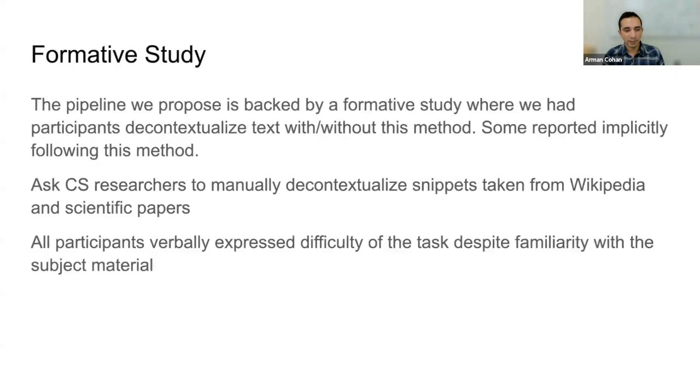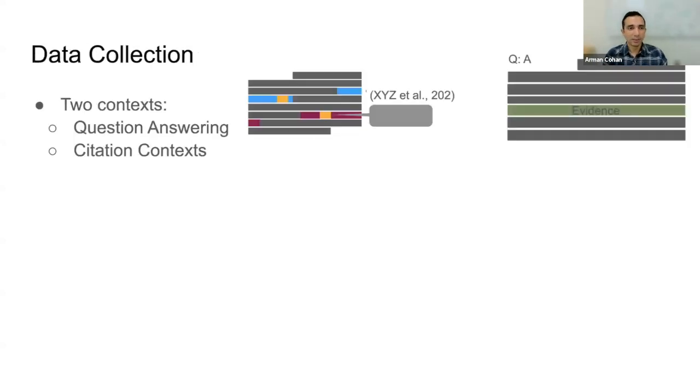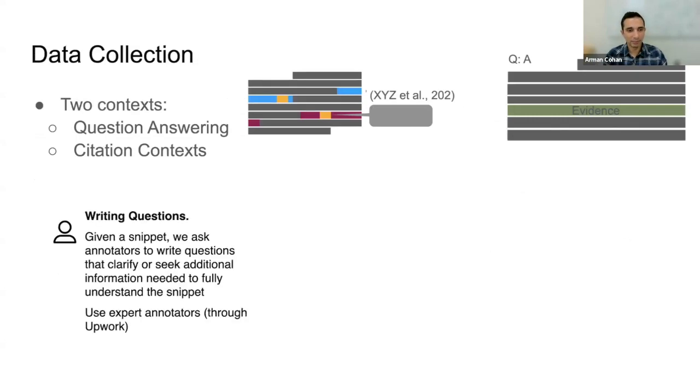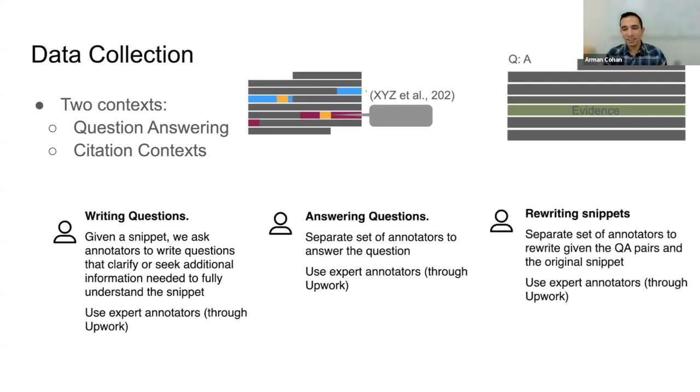And incorporating the cross-document information is highly context dependent. So for data collection, we use two types of context, the question answering and citation context. And then we ask a set of annotators to write questions. We ask another set of annotators to answer these questions. And we ask another set of annotators to rewrite these snippets. And for all of these, we use expert annotators that were hired through Upwork.